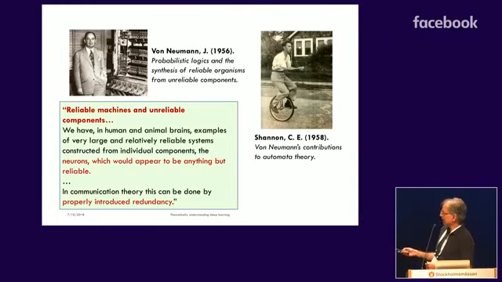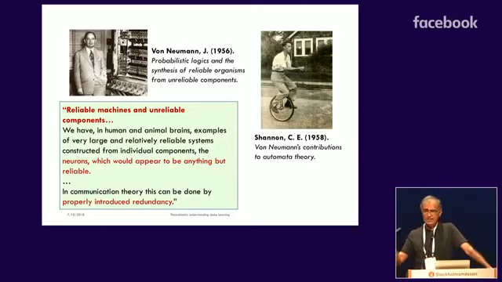He points out that in human and animal brains, we have neurons which seem to be very unreliable components, and nevertheless you get a very reliable system out of it. He suggests that it's done by communication theory or error-correcting codes, which is what von Neumann did.